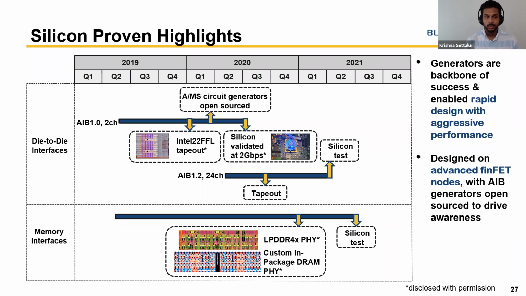This slide is showing the 1.2 project, which is a 24-channel variant, which leveraged the generator and the core collateral developed for the 1.0 project. On the other side, we also have worked tremendously on memory interfaces, right? Specifically on an LPDDR4X PHY, as well as a custom in-package DRAM variant of the PHY. Once again, I'll get into some of the details here in the next couple of slides. Notice that the projects here were done on an advanced FinFET node, and it's also worth re-highlighting that the AIB generator and the AMS circuit generators themselves were released to open source sometime last year. Next slide.